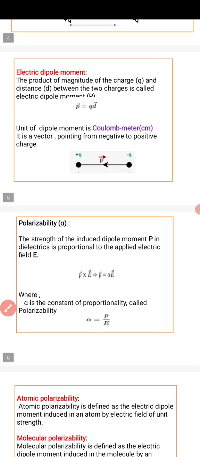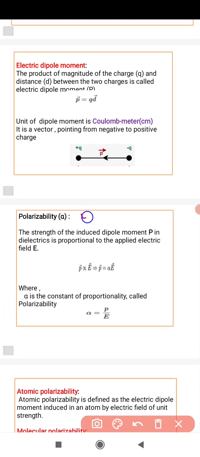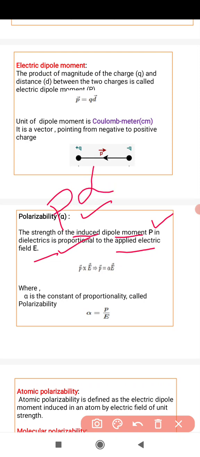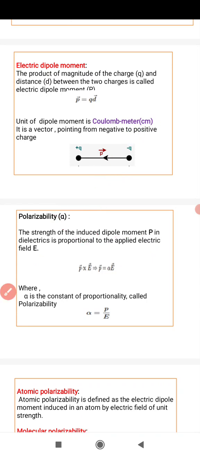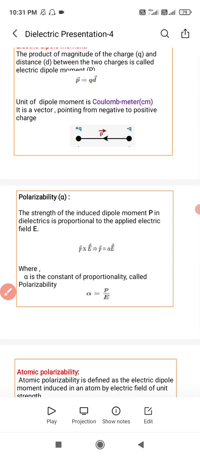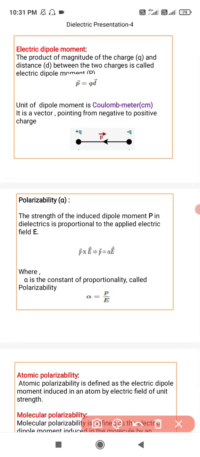Next we see polarizability, represented by alpha. The strength of the induced dipole moment P in a dielectric is proportional to the applied electric field. That is, P, the polarization, is proportional to the applied electric field E. Removing the proportionality sign, we get a constant.